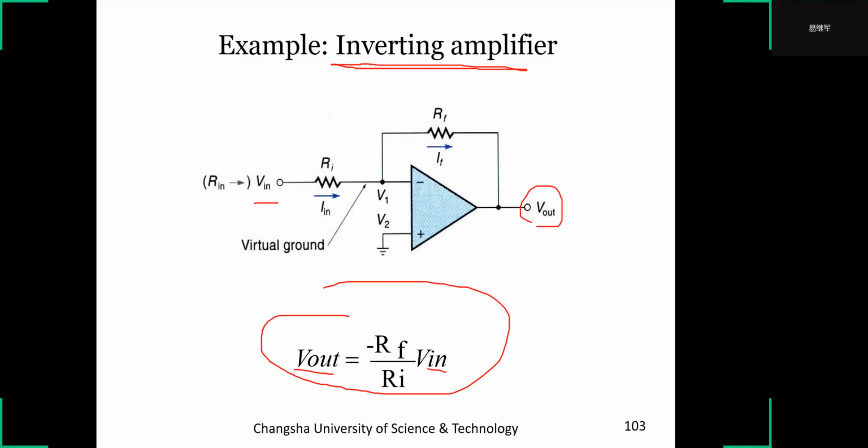If the signal passes through this circuit, the sign changes from plus to minus. If RF is equal to RI, the V out is equal to the V in, but the sign is different. If the RF is bigger than the RI, the V out is bigger than V in.